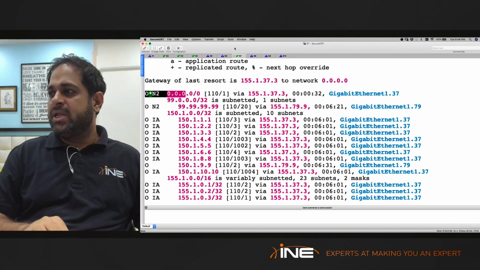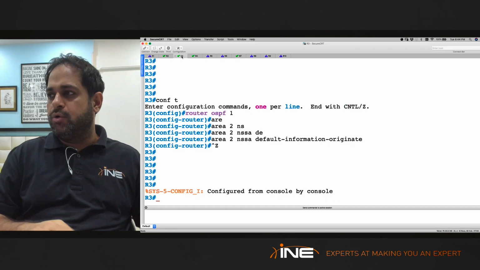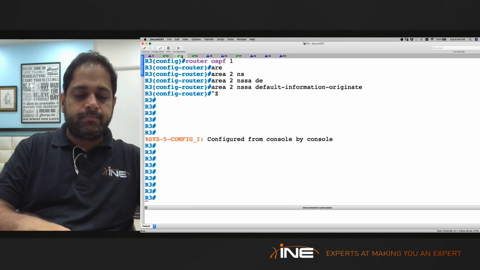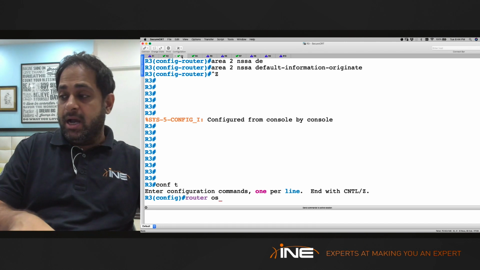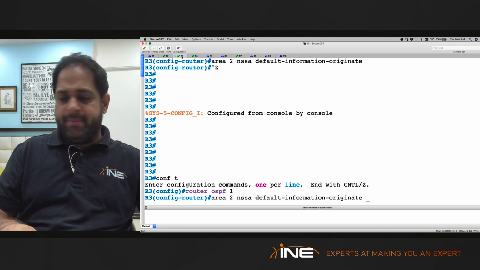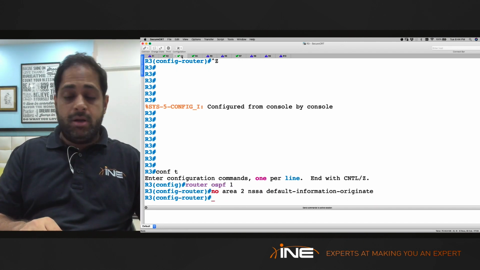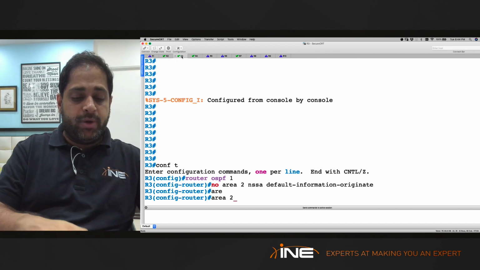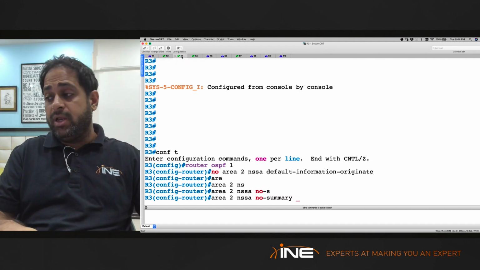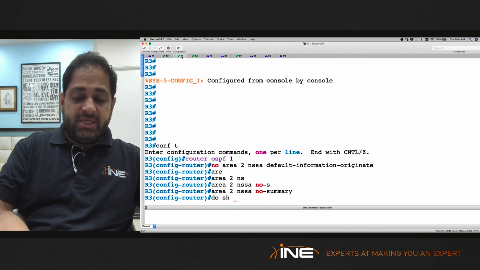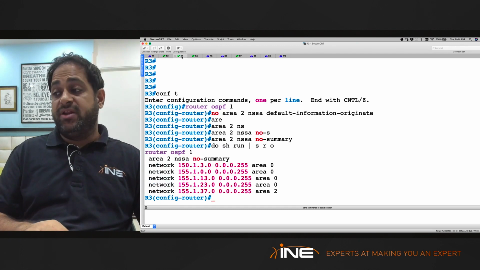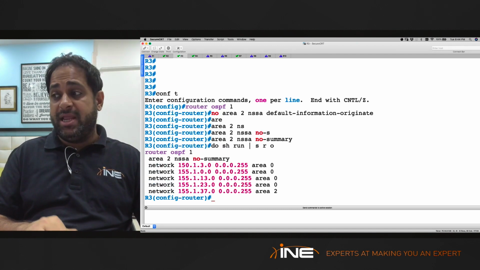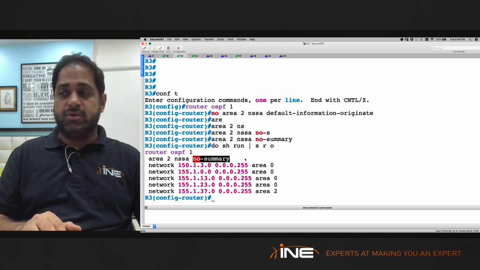Let's see that. All I have to do is go to R3, which is my ABR, and remove this command. I don't need this command anymore. And I will give area 2 NSSA no-summary. So if I look at my OSPF config, I don't have the default-information originate. I only have area 2 NSSA with no-summary.